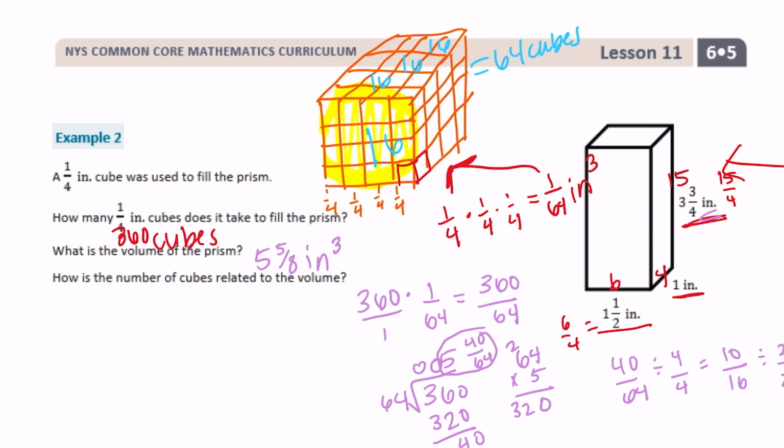How is the number of cubes related to the volume? The volume is equal to the number of cubes times the volume of 1 cube. So since we were doing 1/4 inch cubes, I'll write in a different color.